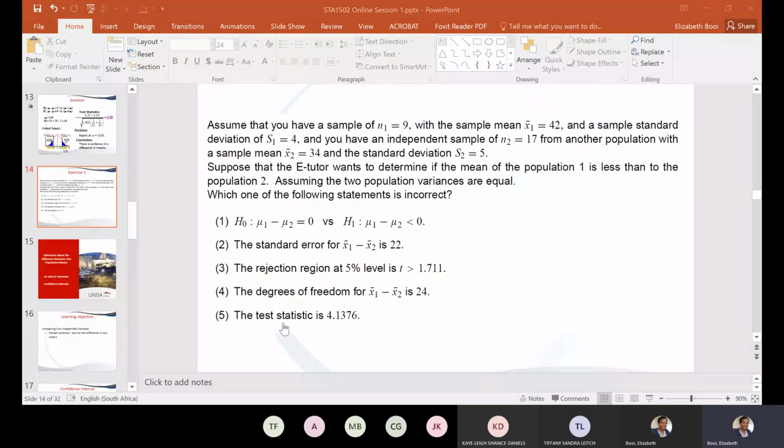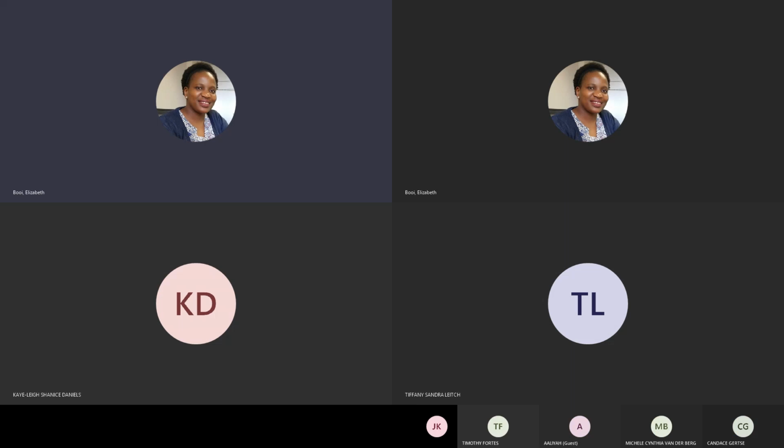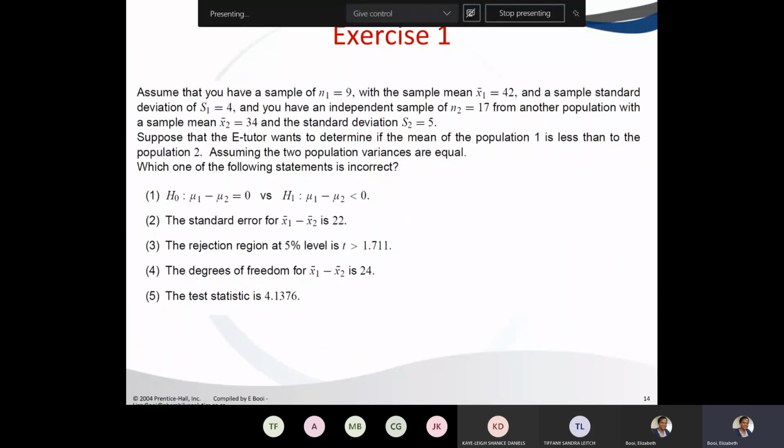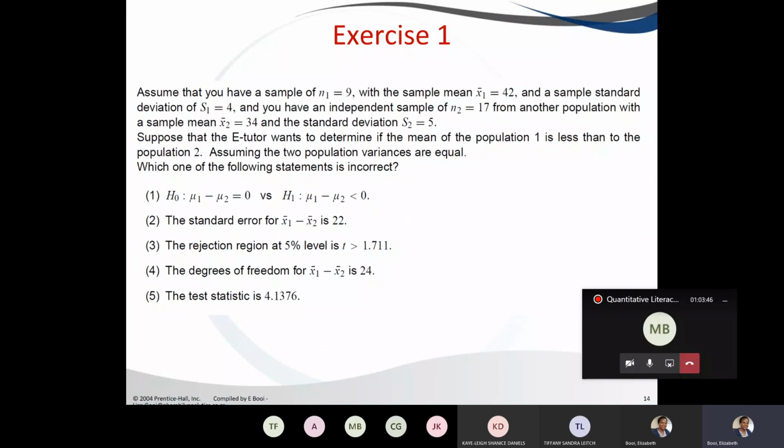Apologies for that. These are just some of the technical errors that we have. I'm going to share my screen, not the presentation. I hope it will work if I do it this way. I apologize for that. Let me know if you are able to see the presentation.